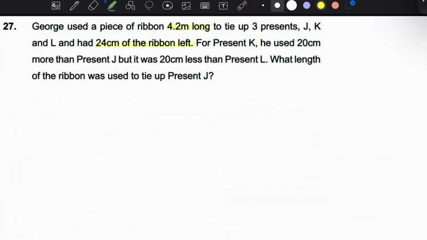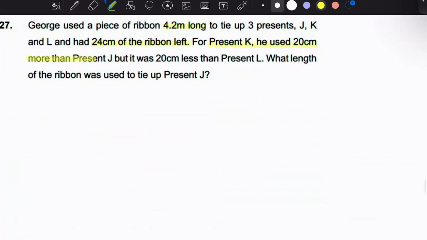For present K, he used 20 cm more than present J, but it was 20 cm less than present L. What length of the ribbon was used to tie up present J? Remember in this question, there are 2 different units. So don't make the careless mistake of confusing these 2 units here.